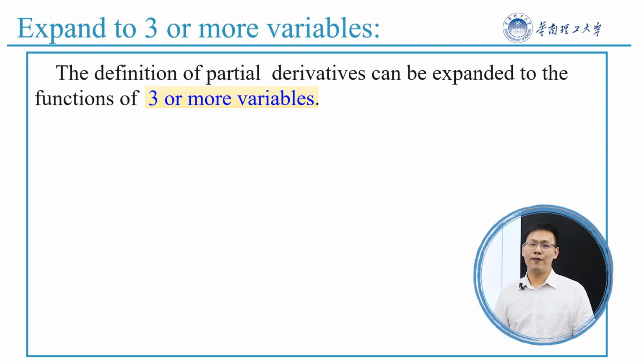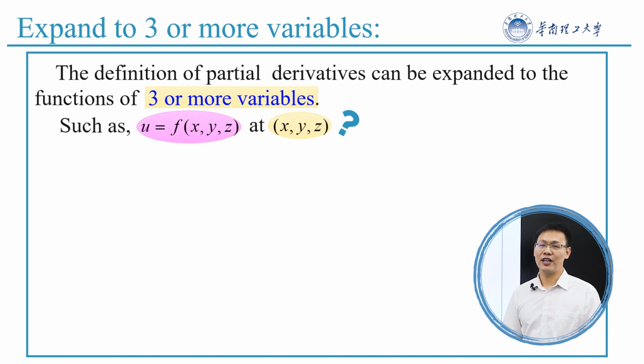The definition of partial derivatives can be expanded to the functions of 3 or more variables. Suppose u is a function of 3 variables x, y, and z. How to define the partial derivatives?